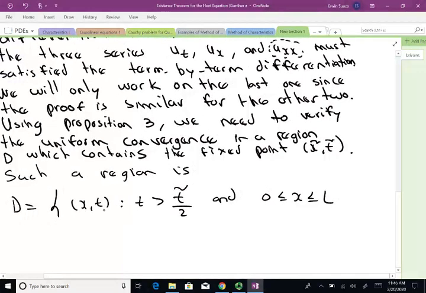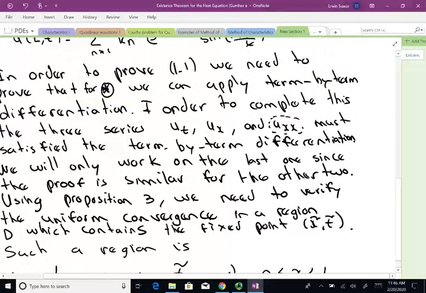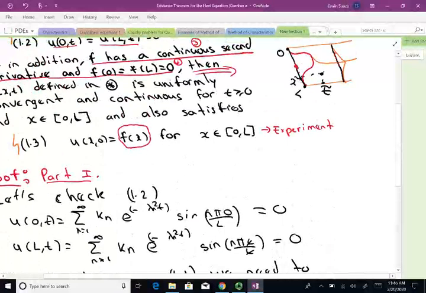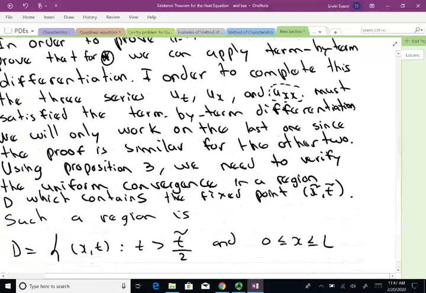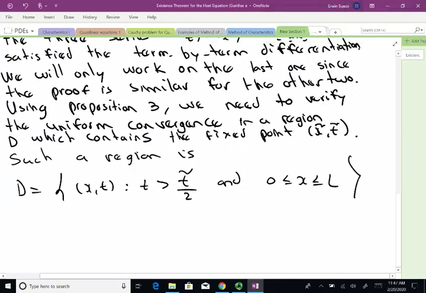All these points x, t, t has to be bigger than t bar over 2. So they just want to move away from 0. So this is where we're gonna move. This is the region on the bottom. Okay. This is a technical thing, just so all the calculations are correct, but you might not see it in the proof. But I had to mention it just to make sure we can do the analysis correctly.